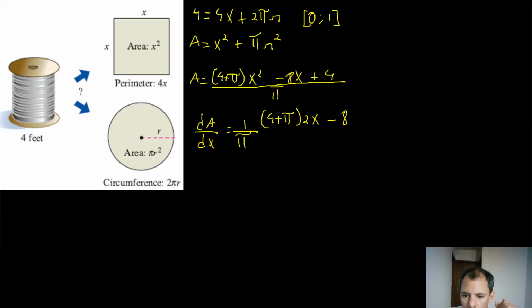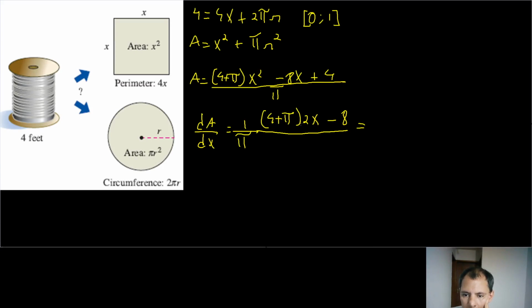So all of this is dividing pi. You see, it's 1 divided by pi, and it's actually dividing the whole thing. And this needs to be equal to 0, okay?